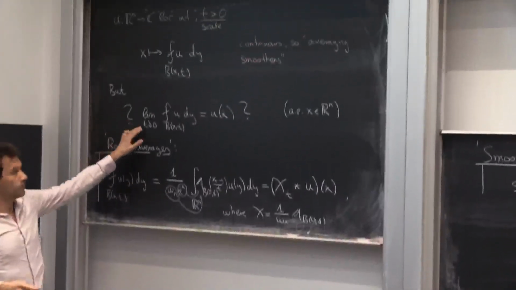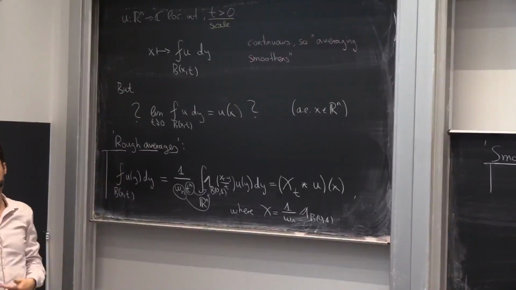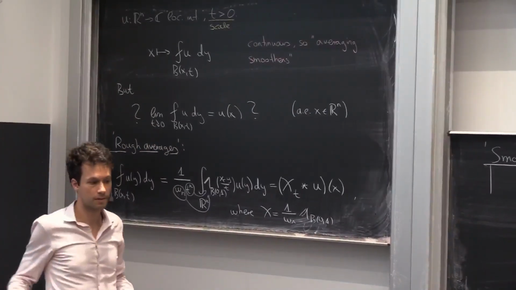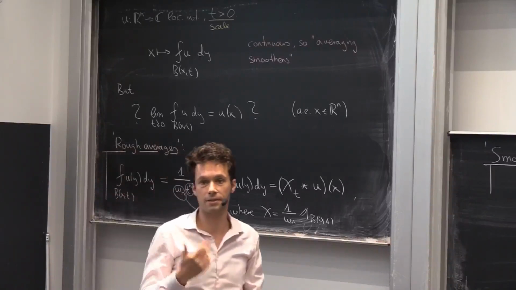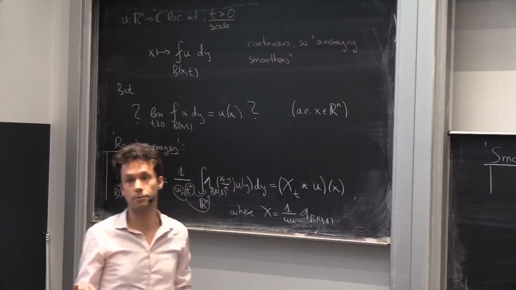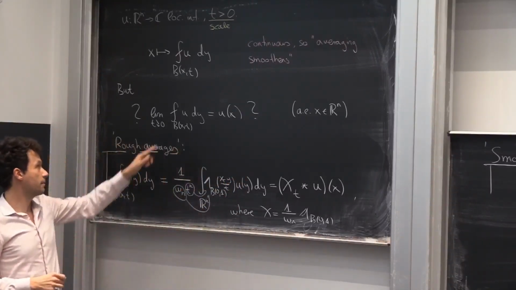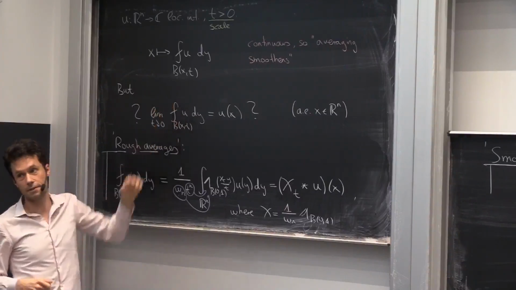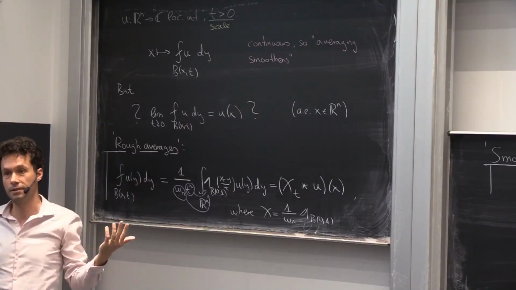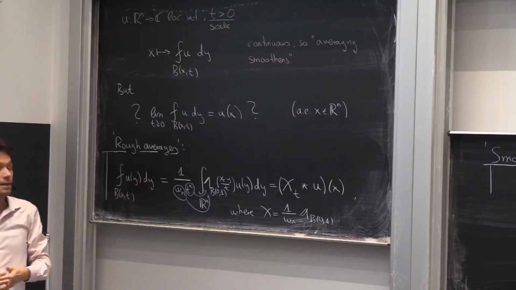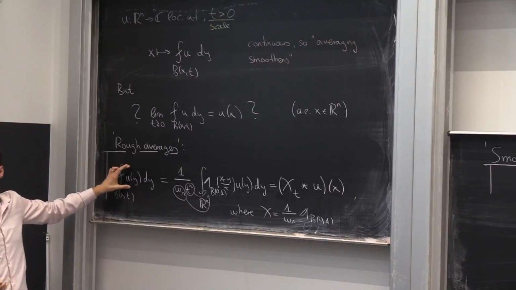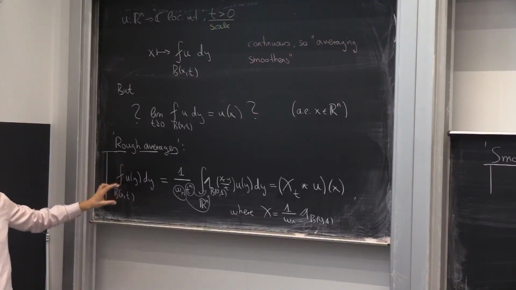Now, if you want to prove a thing like that, then maybe you shouldn't shoot for the stars in your first attempt. You should try to prove something simpler. For example, to check that at least these averages remain bounded when t goes to 0. And then you try to control these estimates, say, pointwise for all scales.